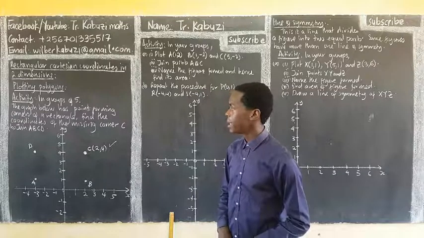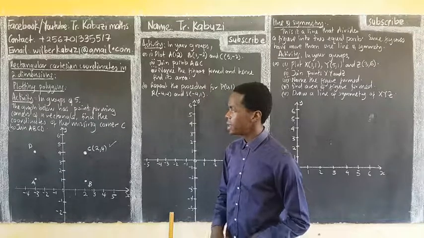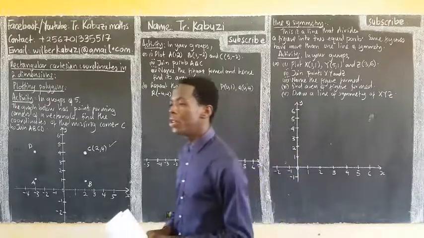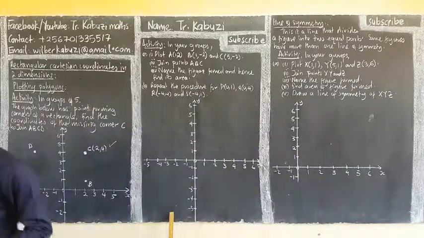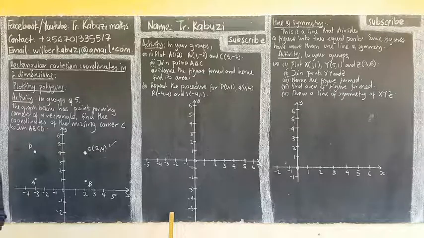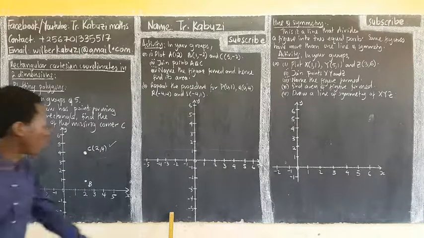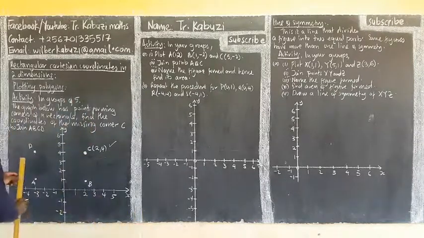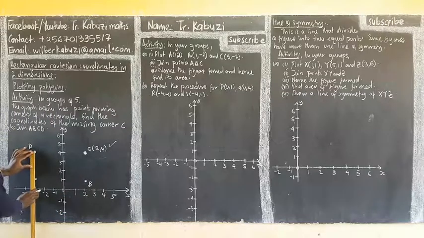Then part B, they said join B, C, D. So how would they join? You use a ruler. Whenever we are joining, we use a ruler. So we join points A, B, C. Join this to this. This is how I'm joining.